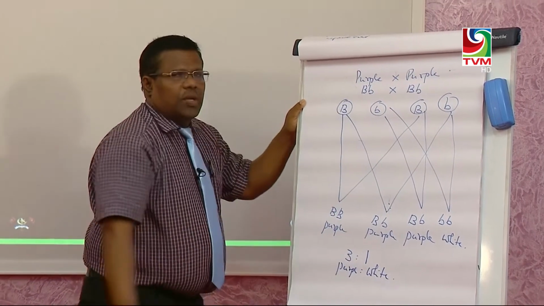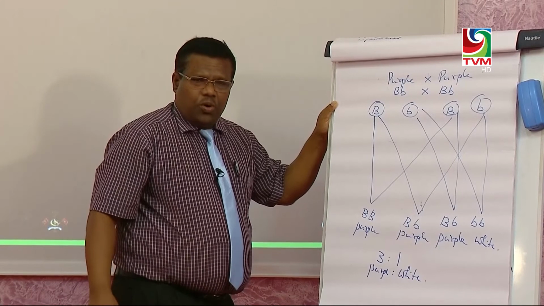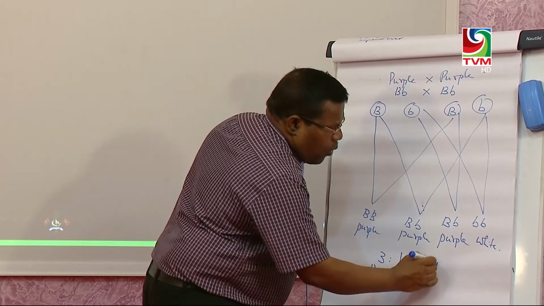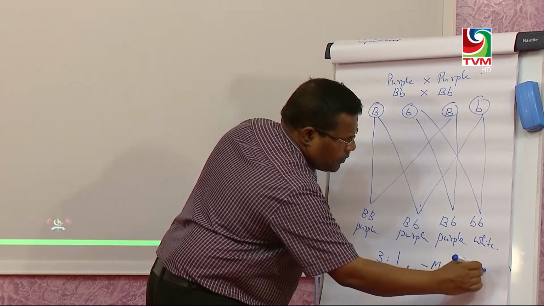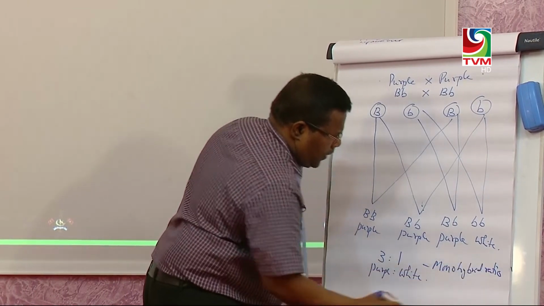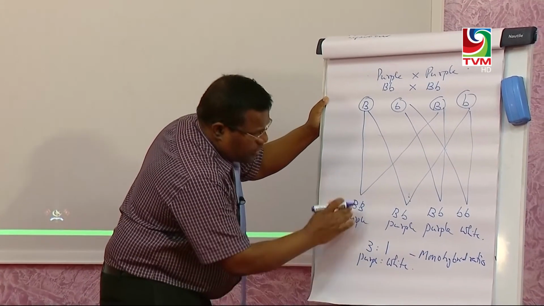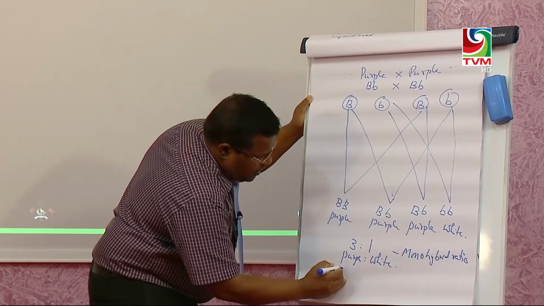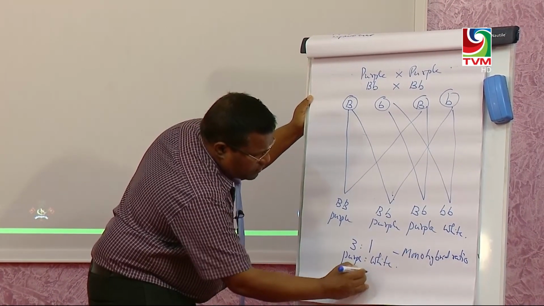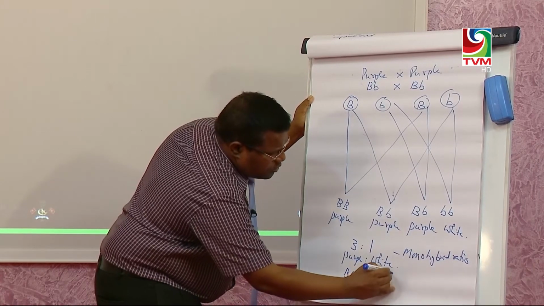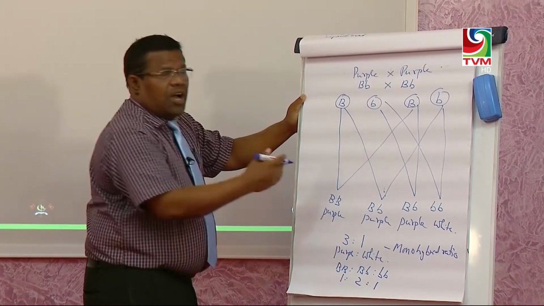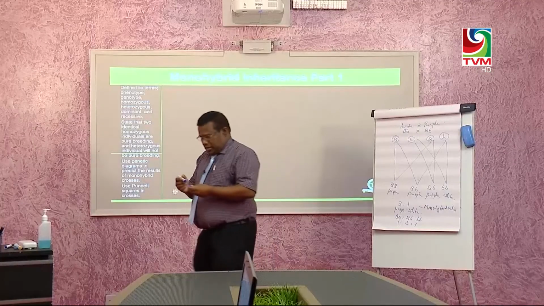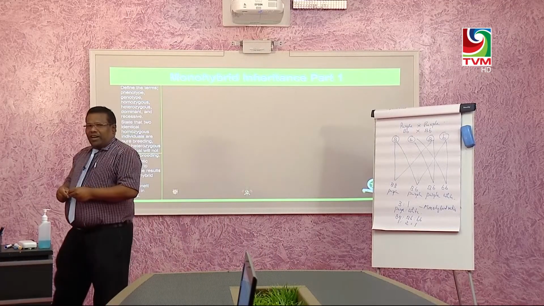So that is the phenotypic ratio that you are supposed to know, which is known as the monohybrid ratio. And if they are asking the genotypic ratio, that means the ratio between these 3, then capital B capital B is to capital B small b is to small b small b, 1:2:1. So this is how you are supposed to write a genetic diagram.